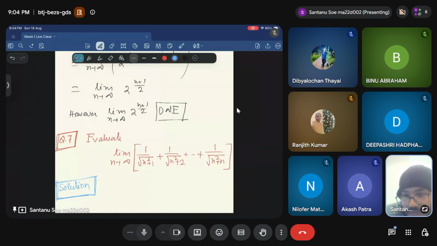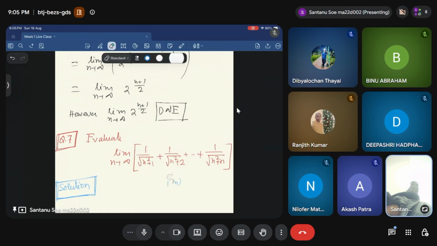Then using the squeeze theorem you can prove that this sequence has the same limit as the other two. Can you show that there exist two sequences, let's say bn and cn, such that this given sequence lies between them? So let me call it an.